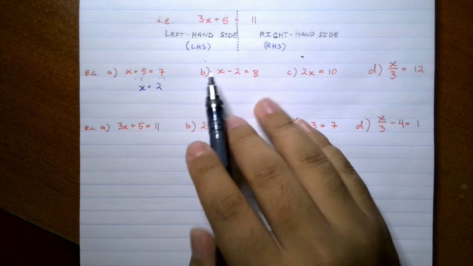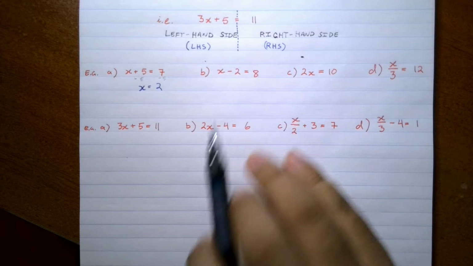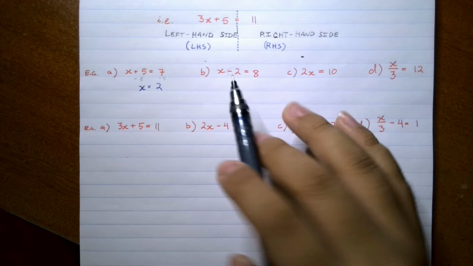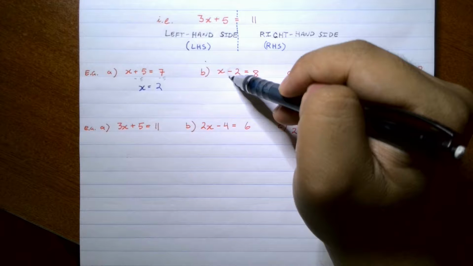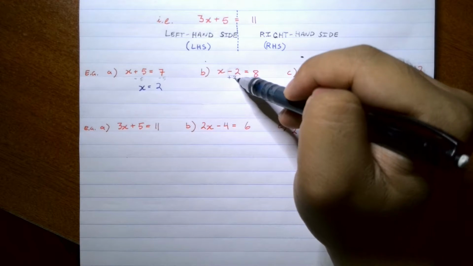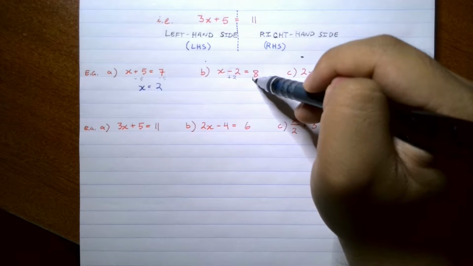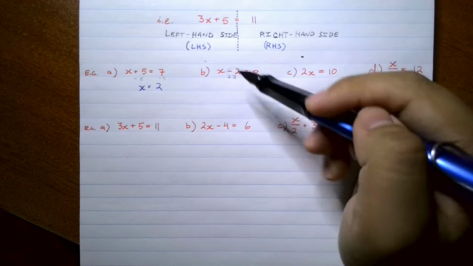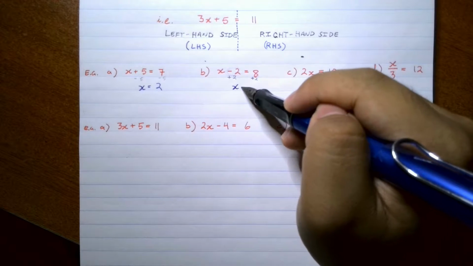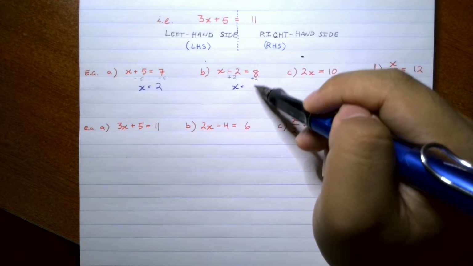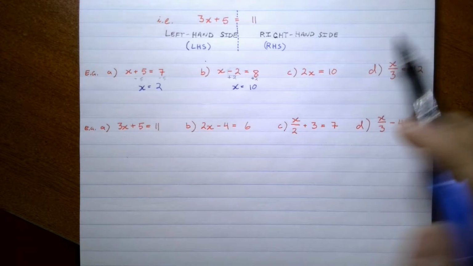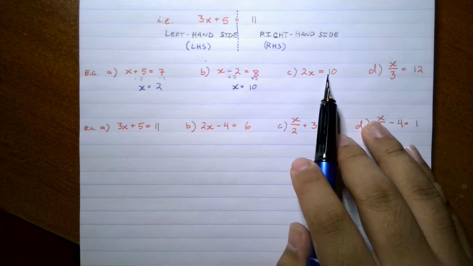Let's move right along. X minus 2 equals 8. Since the expression has been subtracted by 2, the opposite is to add 2 to both sides, like so, which will give us the result x equals 8 plus 2 is 10. 2x equals 10.